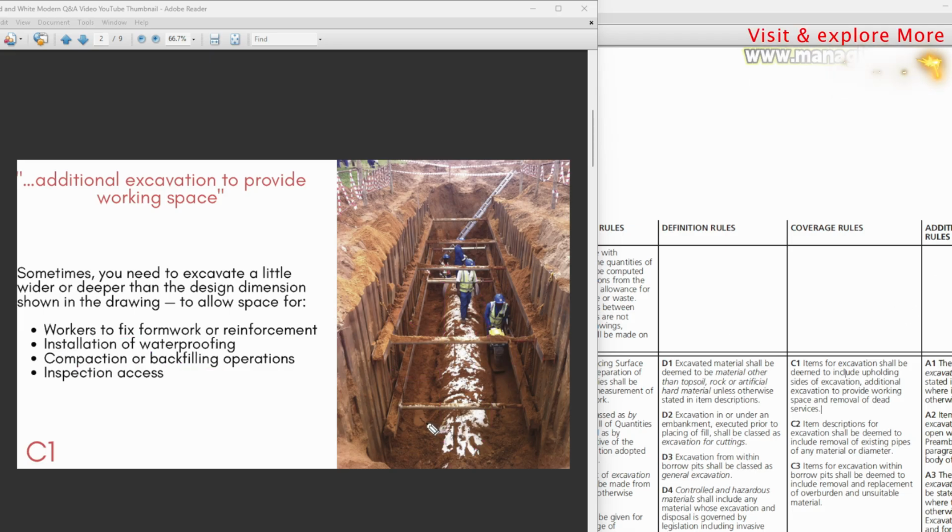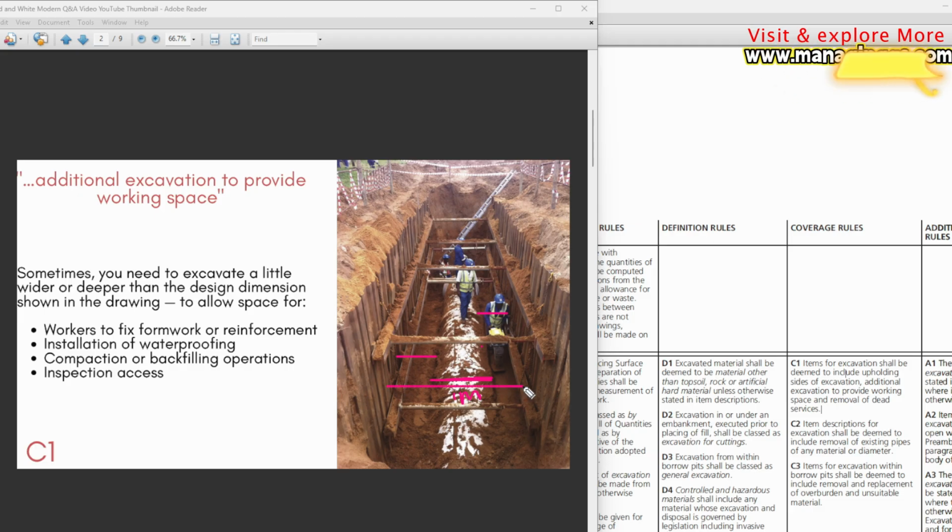If you just imagine excavating the same size as this trench, what will happen? It will be very difficult to lay this pipe properly. For example, this drainage pipe has a total width of 1 meter, but there is another 50 centimeters on the left side and another 50 centimeters on the right side.